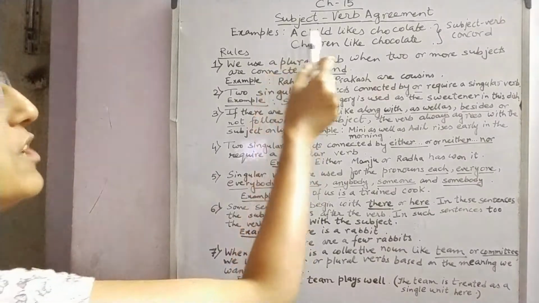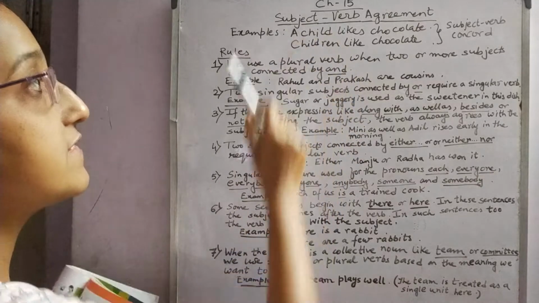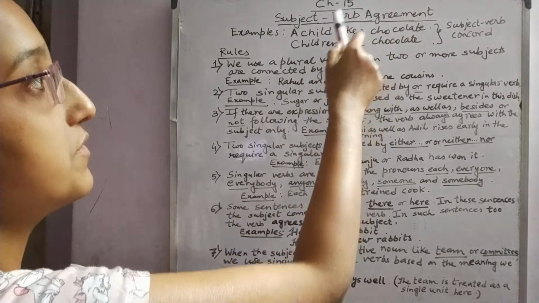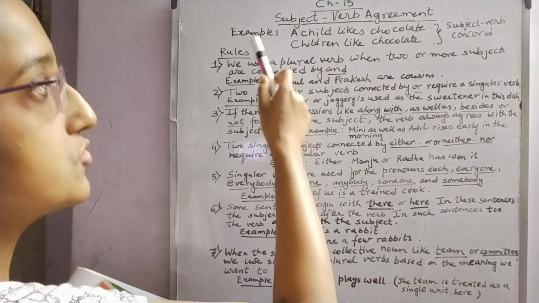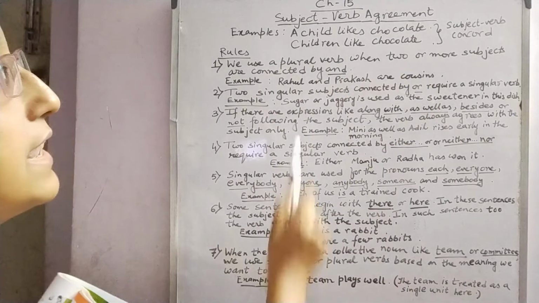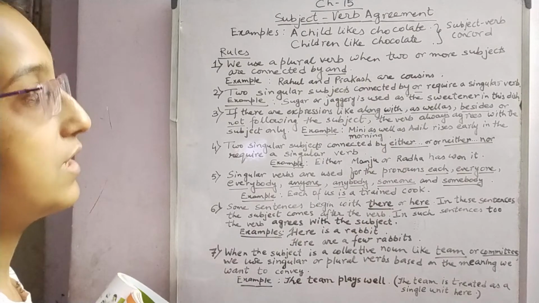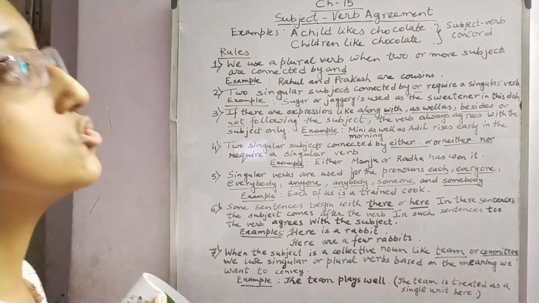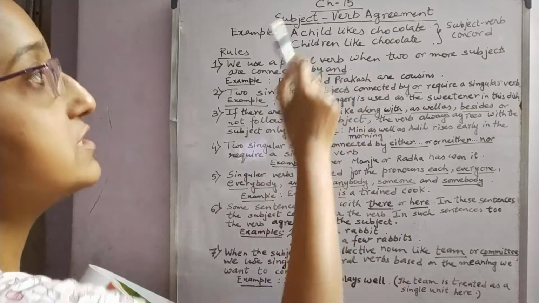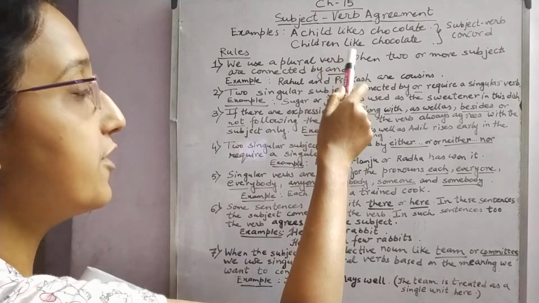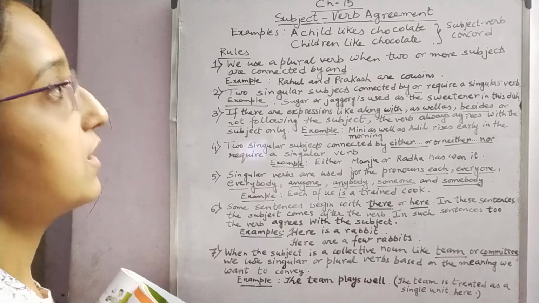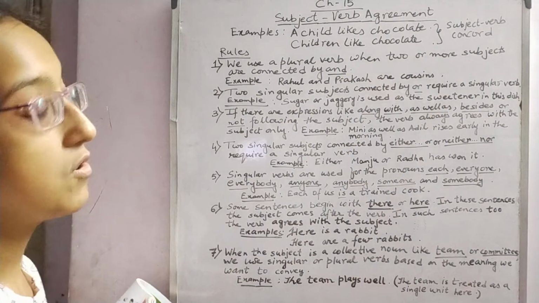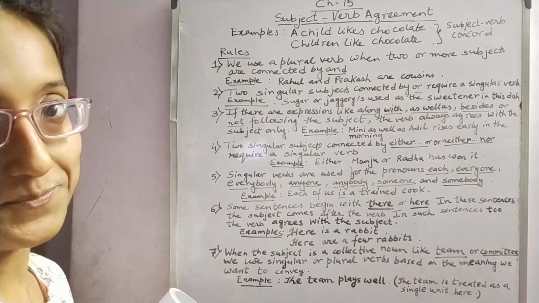In the first case, a child is a singular subject, so it is taking a singular verb, that is likes. In the second example, children like chocolate, the subject is plural, so the verb is also plural.